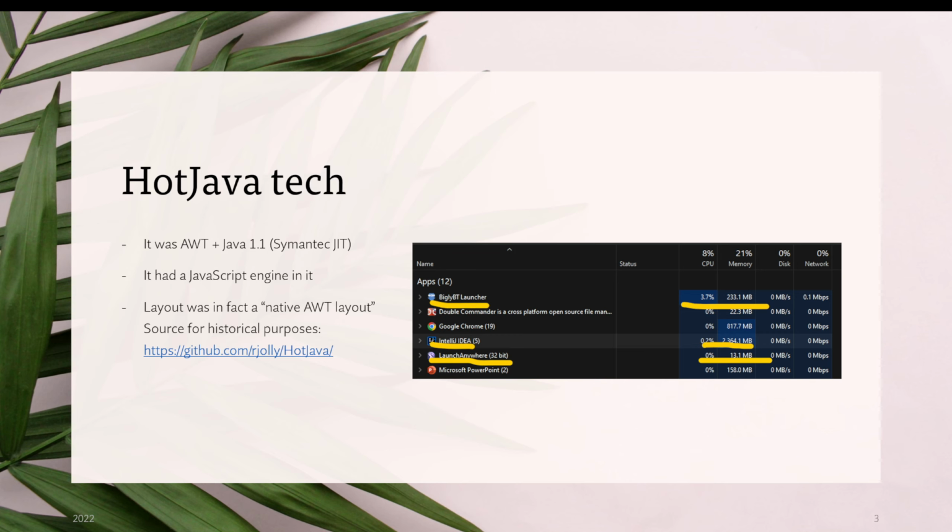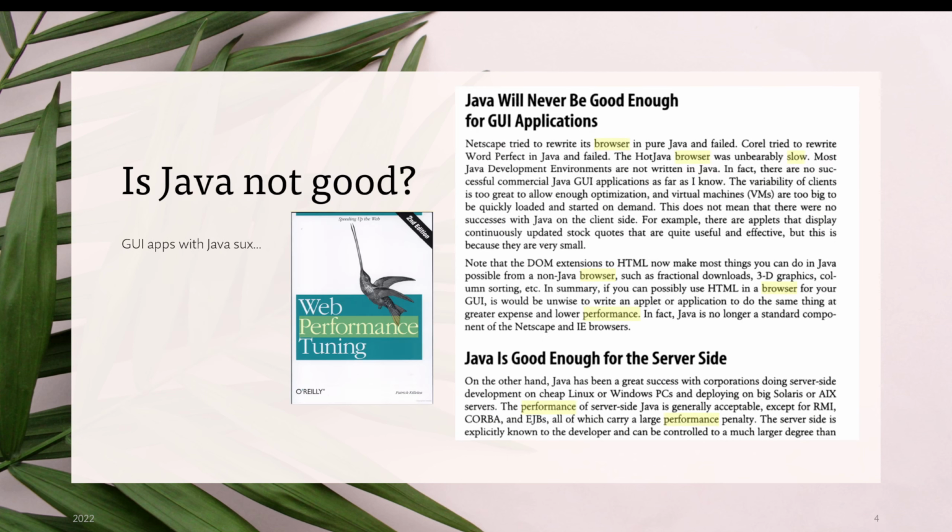So you can't compile it from GitHub, but it's there, and you can play with it basically. And obviously, Sun killed it, and it was never revived.